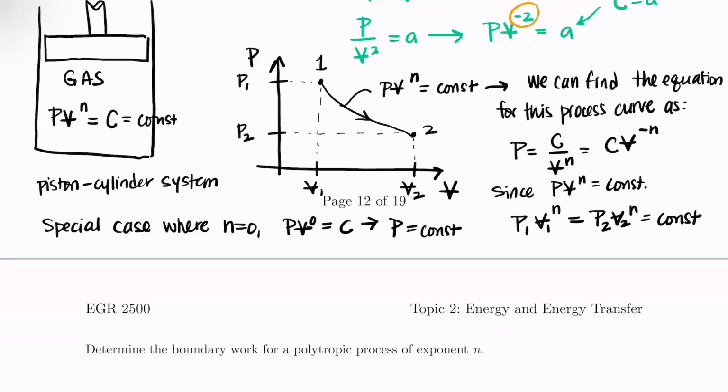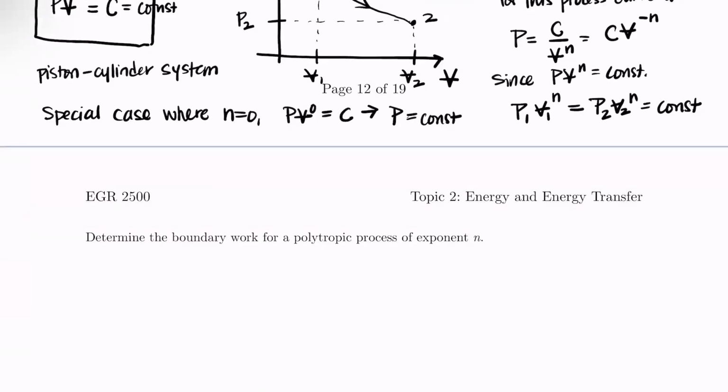Okay, cool. So now we want to determine the boundary work for a polytropic process of exponent n. So we have our usual equation that the boundary work is equal to the integral from state 1 to state 2 of P dV.